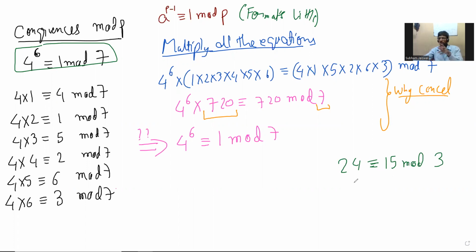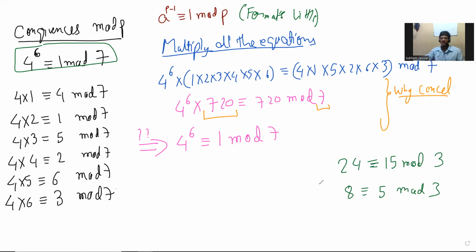But then can you cancel the 3? Can you write this as 8 and 5? It does work in this case. So can we always cancel?